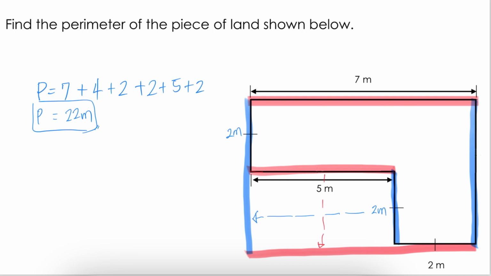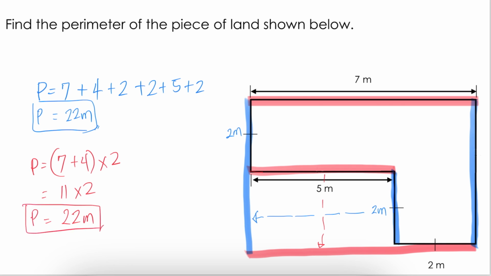And it's easier for us to get the perimeter of a rectangle because it's just two sevens, right? The two red lines are the two sevens, and then the two blue lines are the two fours. So 7 plus 4, times 2. And that would actually be 11 times 2. Again, that's 22 meters. So there you have it, two ways of solving for the perimeter of this piece of land.